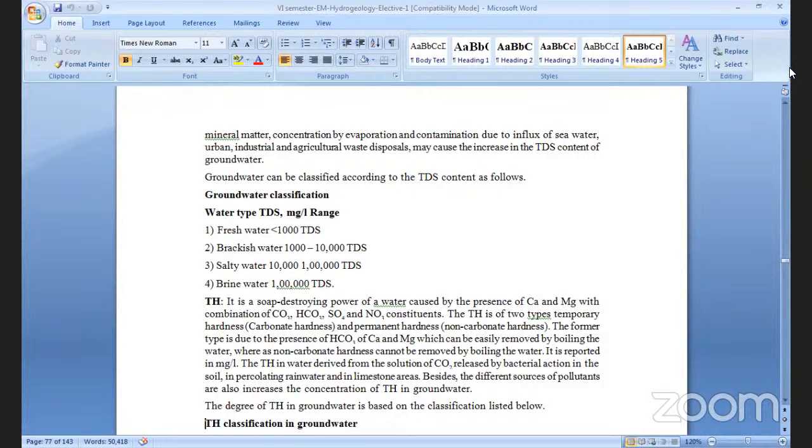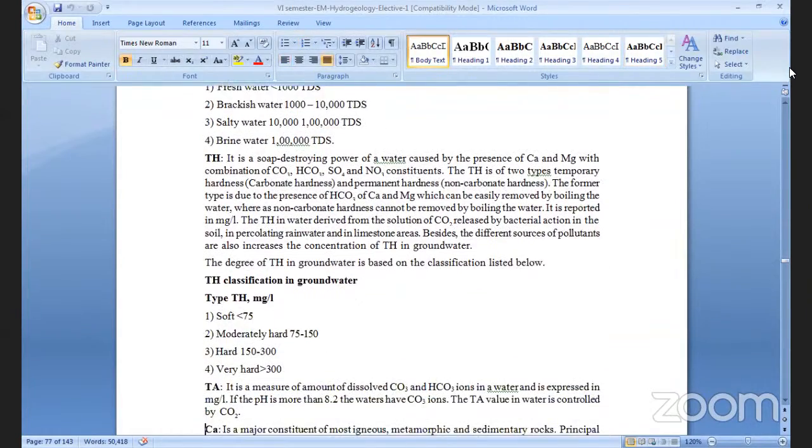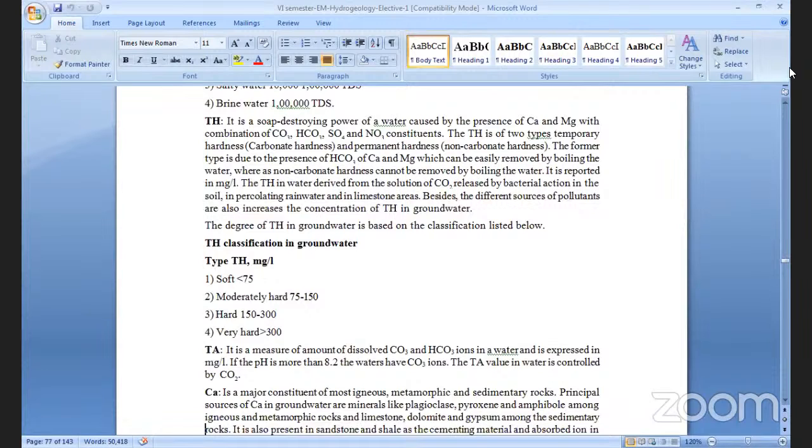And next, the classification of hardness is also mentioned, a type of classification in groundwater. Soft water should be less than 75 milligrams per liter. Moderately hard water is 75 to 150 milligrams per liter.